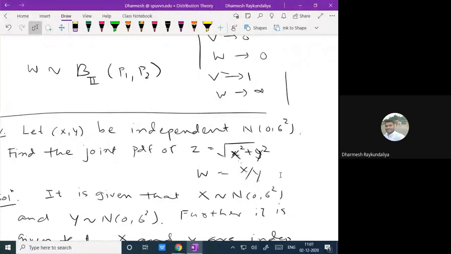So it is a Rayleigh distribution with scale parameter sigma square. Suppose it is given normal 0 1, then it is a standard Rayleigh distribution where the scale parameter sigma square is 1. And the distribution of the ratio of two standard normals is nothing but Cauchy distribution.